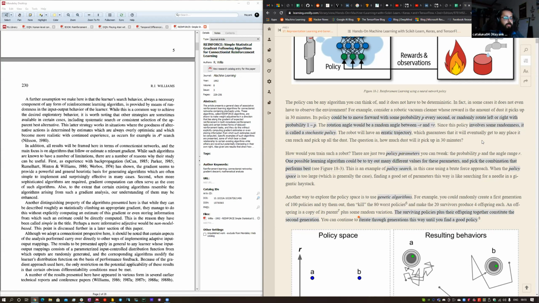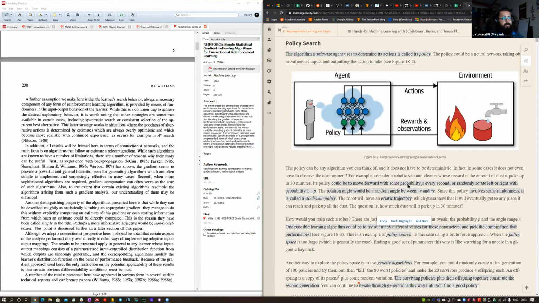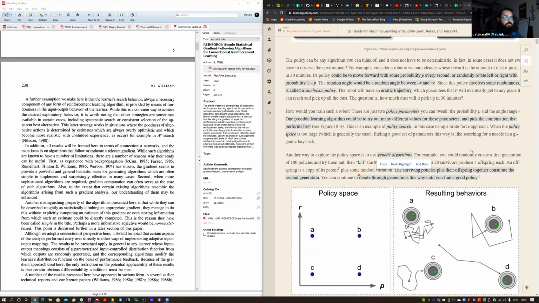The robot can go around the same path and rotate, or have a curiosity-based approach in which more noise is inserted and it does not follow the same path again and again. That's the problem policy search attacks in this robot vacuum cleaner environment.